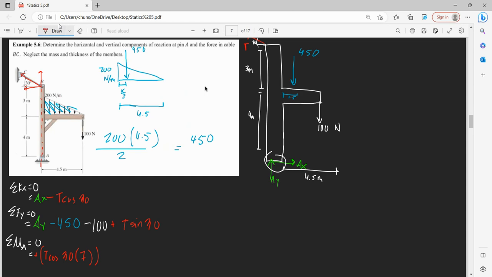So that's our tension out of the way. Next we have this 450 right here. And since it's a vertical force, we want our horizontal distance to get to A. So this is 450, and we measure that to be 1.5 distance away from A. If we wanted to get to A, it would be in a clockwise direction.